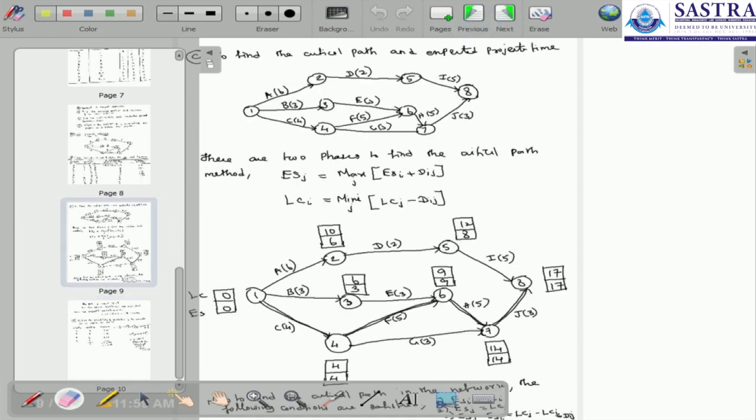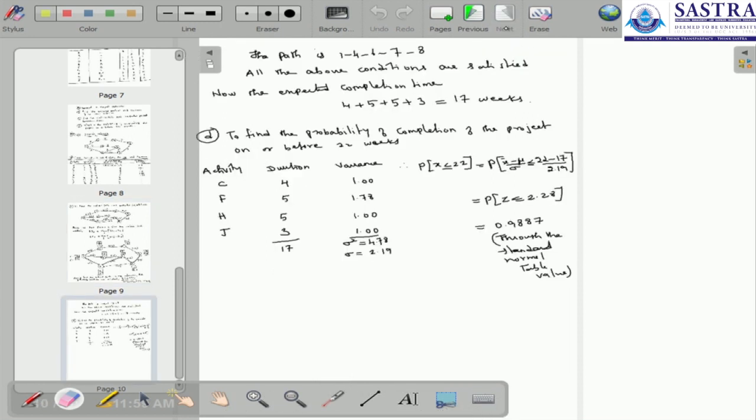For the activities C, F, H and J, the durations are 4, 5, 5, 3. So 4 plus 5 plus 5 plus 3 equals 17 weeks. So this is the project completion time.